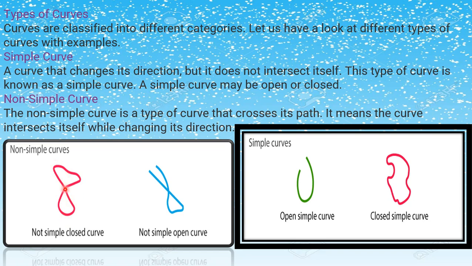This curve is intersecting itself here, and this is also a curve that intersects itself. So this is not a simple curve but it is open, and this is not simple but a closed curve.